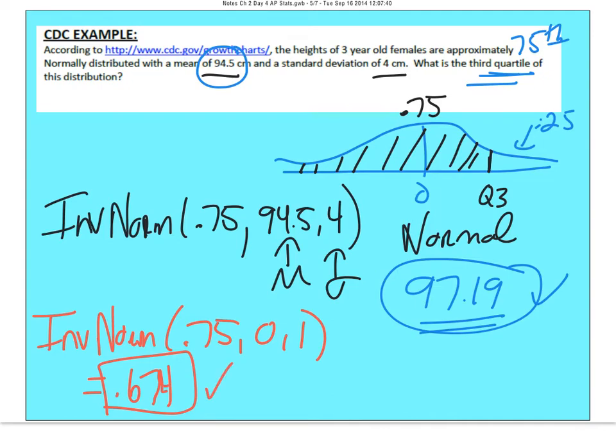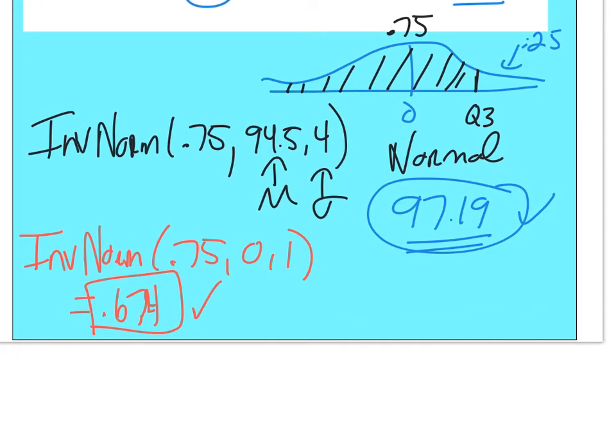Now, if you do it this way, if that's the z-score, you need to back into what is the quartile 3. Now, on here, to do this particular one, the adjustment would be this. If this is the z-score, I know the calculation for the z-score is my piece of data minus the mean over the standard deviation. So to solve this particular problem, I would just multiply both sides by 4.